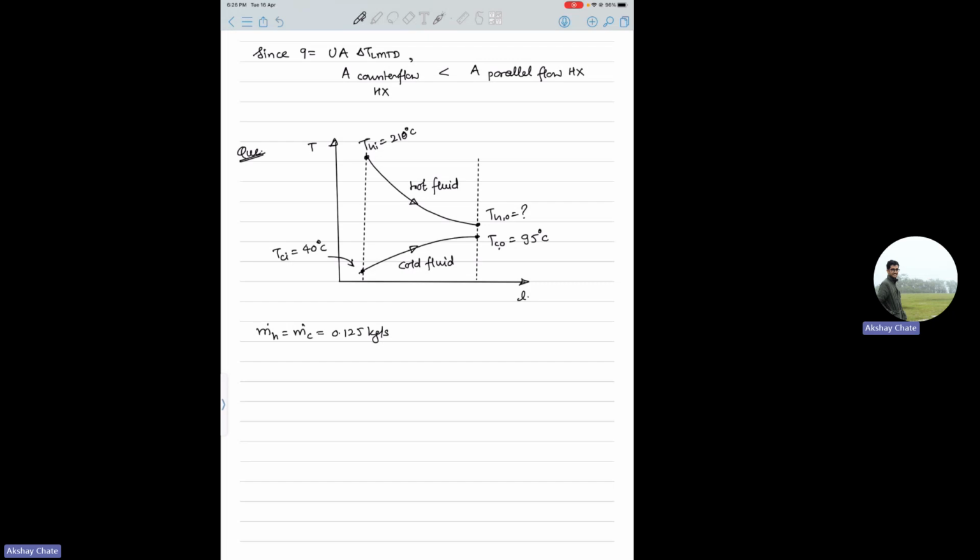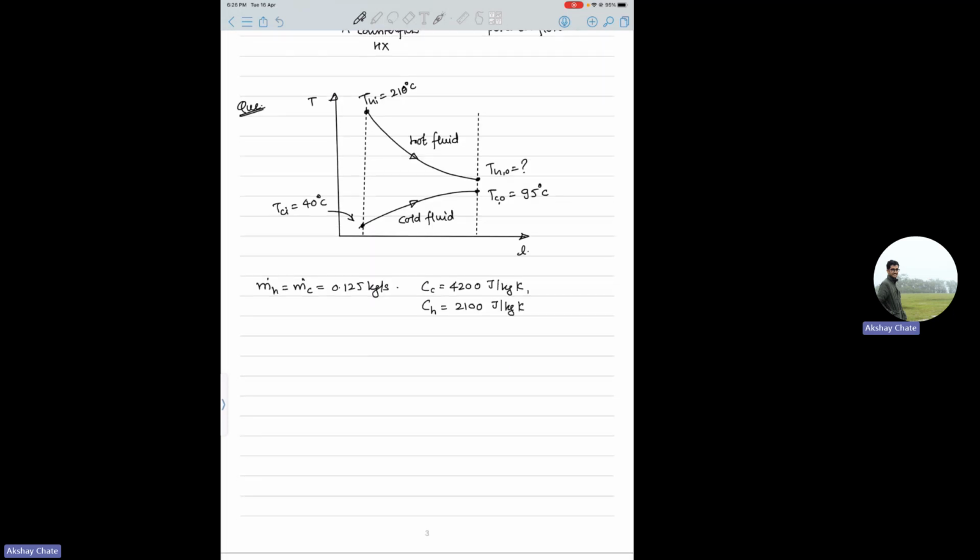The specific heat capacity for the cold fluid is 4200 joule per kg Kelvin, so it is water. For the hot fluid it is half of it. I think some sort of oil may be there, because typically oils will have lesser Cp.